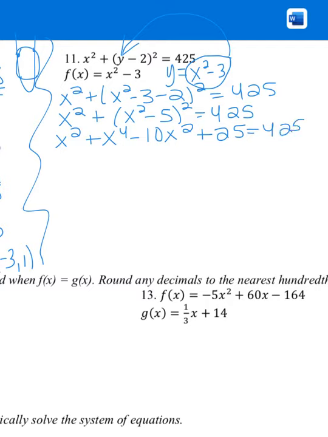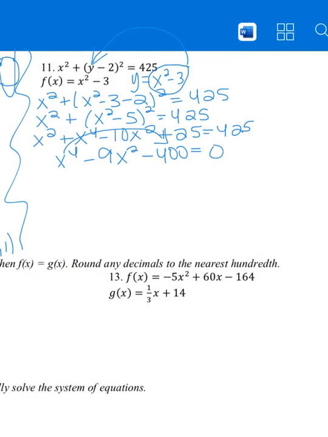Combine like terms, subtract the 425 over. This will give me x to the 4th minus 9x squared minus 400 equals 0. You do master product on this just like before. I'm going to actually go through this master product though. So I multiply x to the 4th times negative 400.